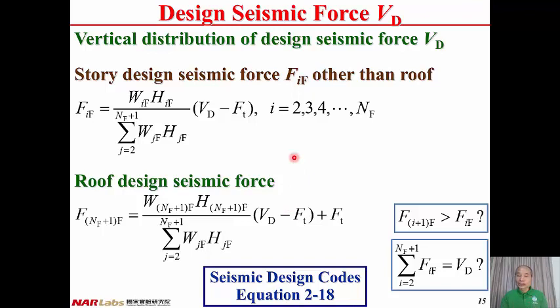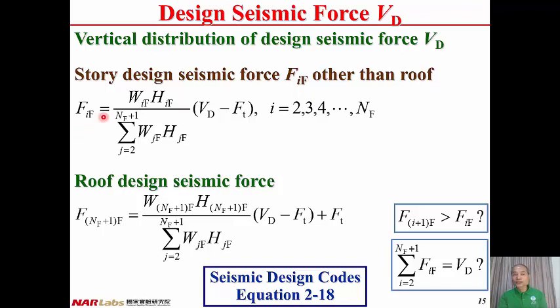And in this general case, Ft is subtracted, and we have the story design seismic force FiF other than the roof. FiF is proportional to the weight of the floor, and also proportional to the elevation of the floor.